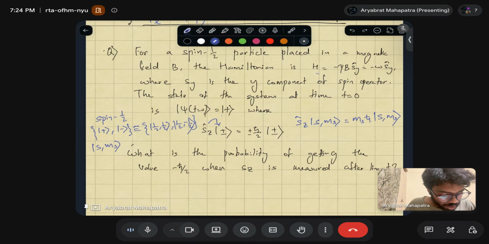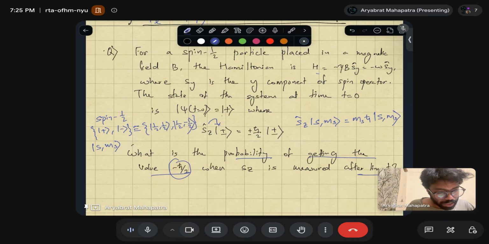Then it is asked what is the probability of getting the value of minus h bar by 2 when the spin is measured after some time t. The value of the spin, the eigenvalue, is minus h bar by 2.